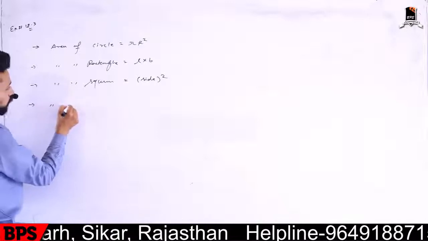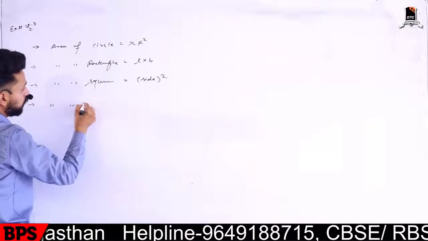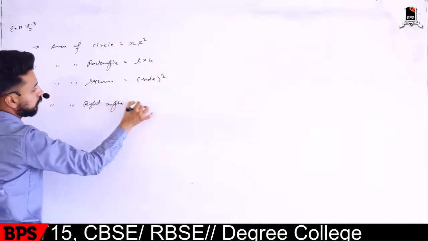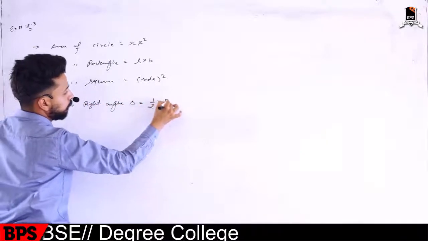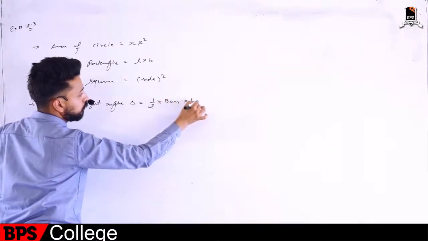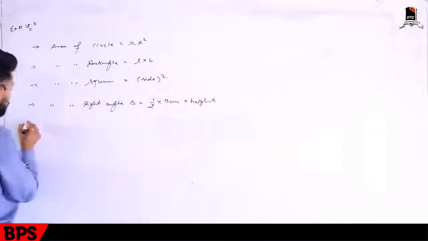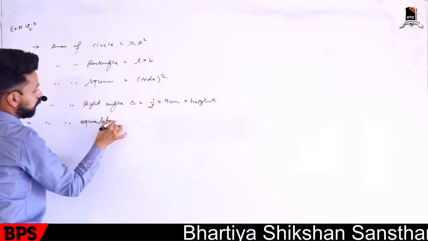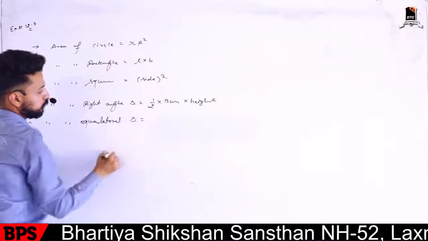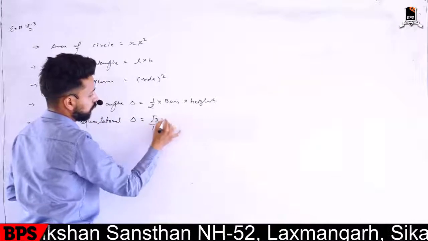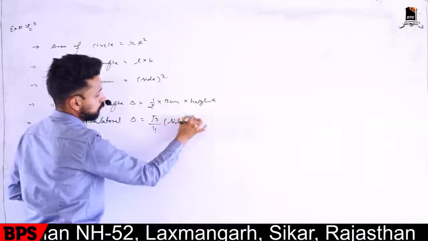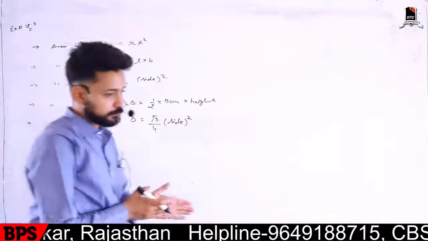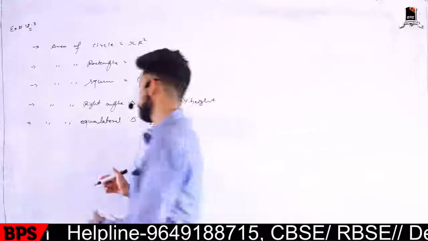Area of right angled triangle is equal to 1 upon 2 base into height, and area of equilateral triangle is equal to root 3 by 4 side square. Done.